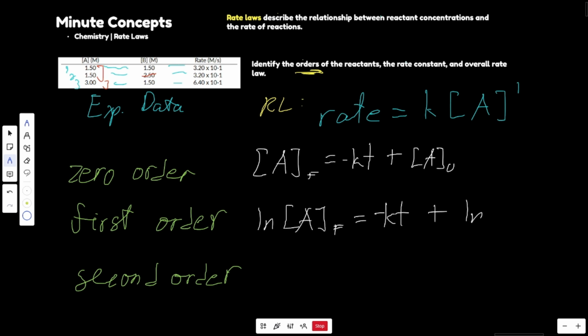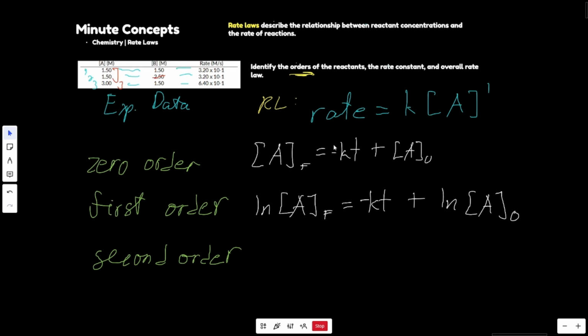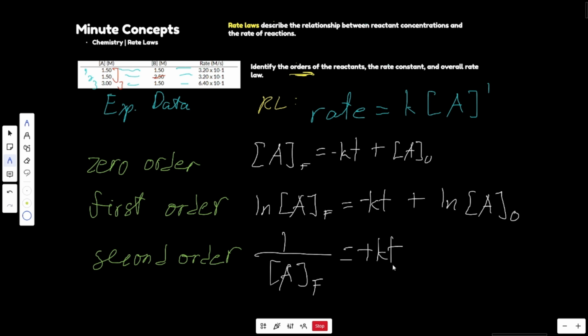However, this time we apply natural log to our concentrations. And now for second order, it's just going to be the reciprocal of the concentrations. So we have 1 over the final concentration of A equals KT. Now this time K is no longer negative, plus 1 over the initial concentration of A.